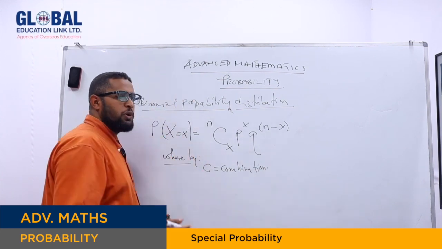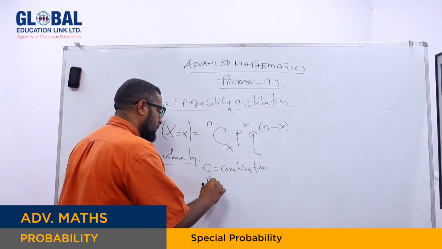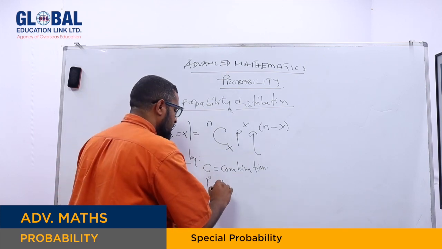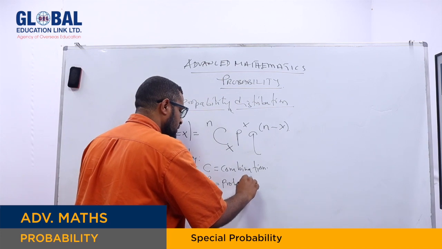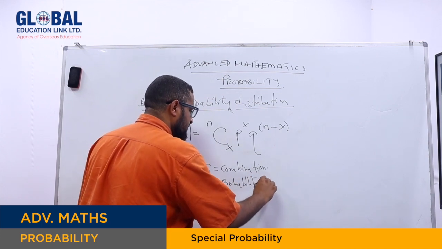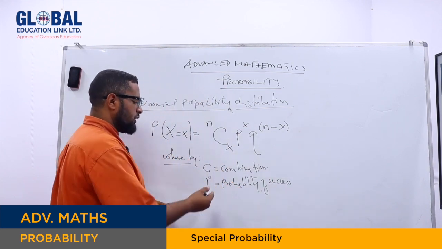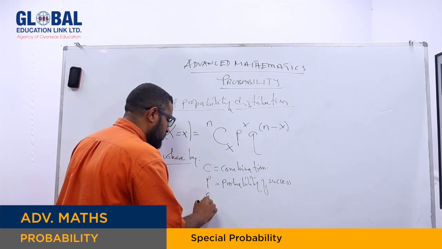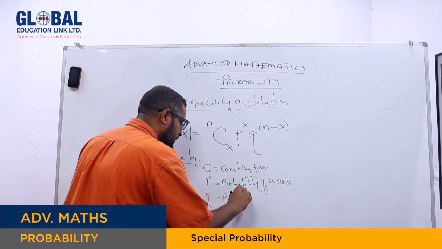We learned this when we were dealing with counting. We also have letter P, which is the probability of success, the one that we said is constant throughout the experiment. And Q is the probability of failure.